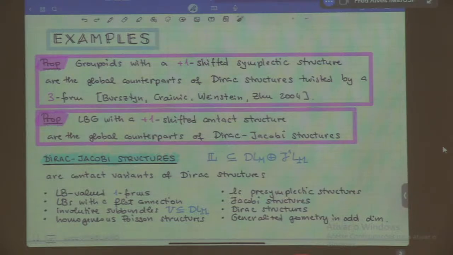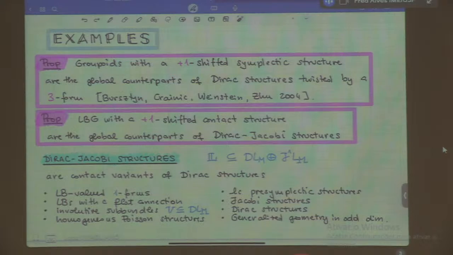For instance, Pfaffian one-forms are Dirac-Jacobi structures, but also flat connections on line bundles are instances. Jacobi structures are examples, and Dirac structures themselves are instances of Dirac-Jacobi structures.